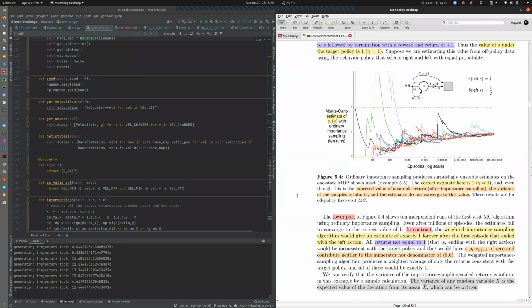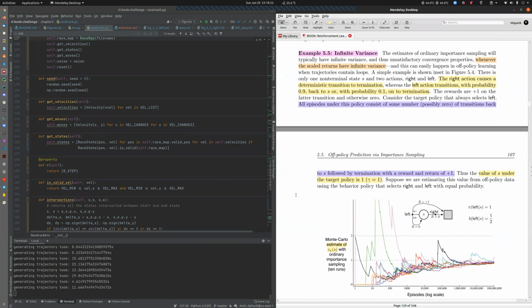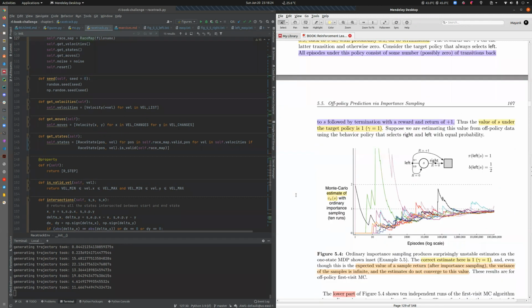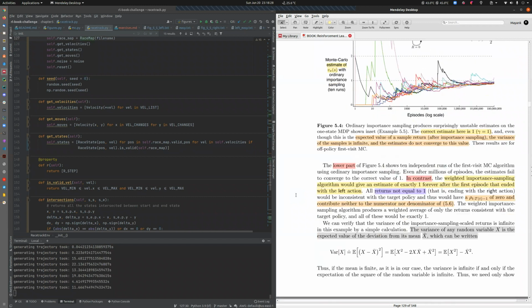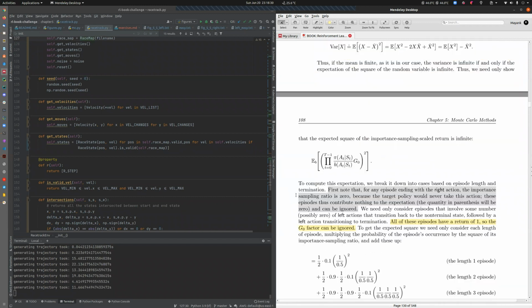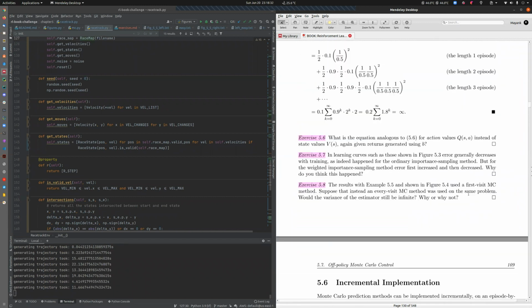But there might be cases, as they have alluded to here, likely in first-visit MC, where after a million episodes they are unable to converge.